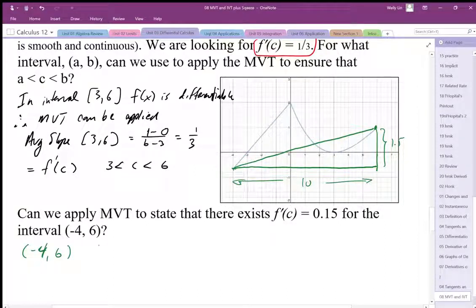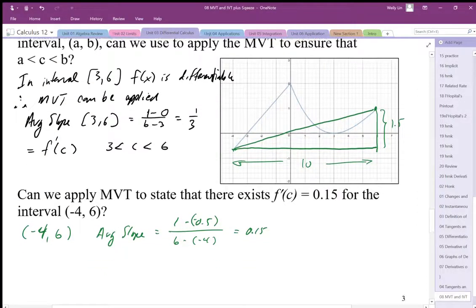the average slope is equal to 1 minus -0.5 over 6 minus -4, which gives me the 0.15.